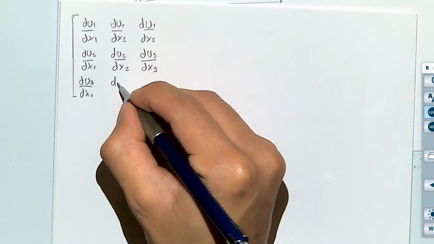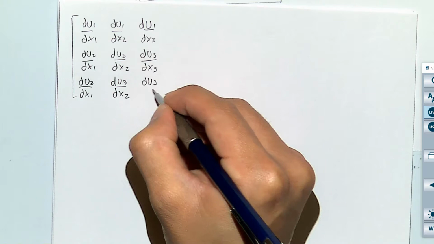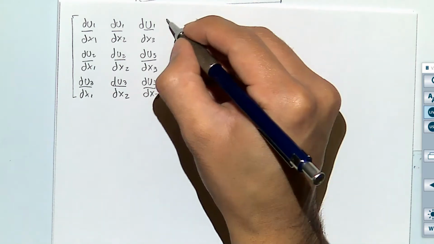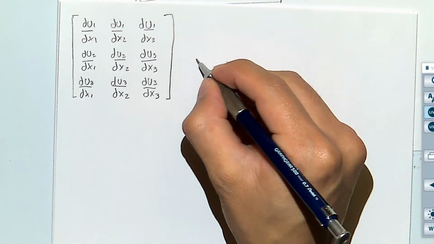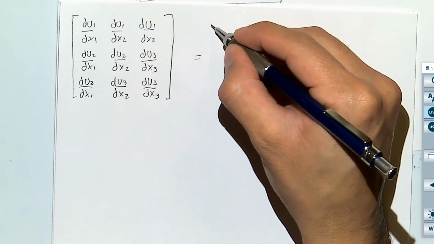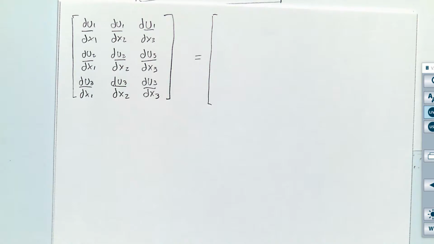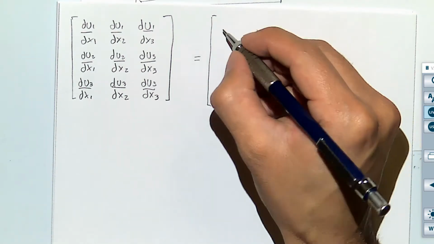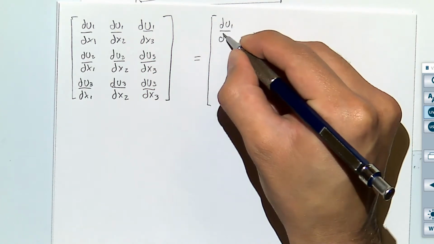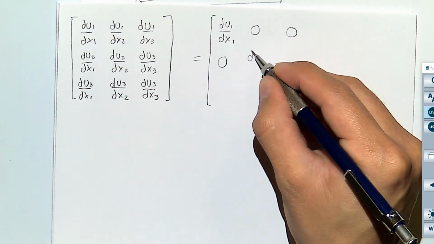Okay, I'm almost done. All right. Let's start with the easy one. We're going to decompose this Jacobian in 3 parts. The first part is going to be the elements in the diagonal. So all the off-diagonal terms, I'm going to make them equal to 0.